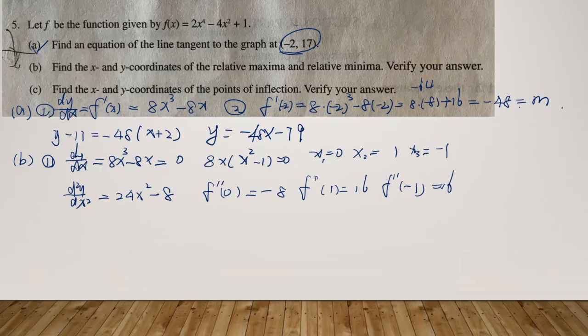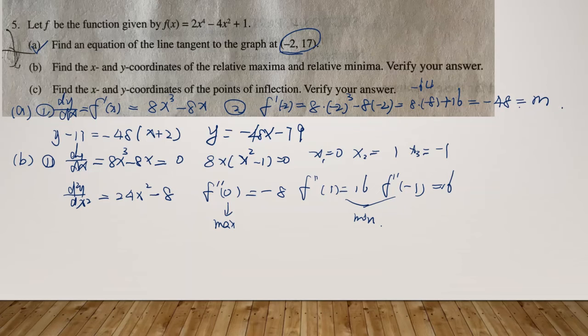So when x equals 0, the second derivative is negative, which means that is a local maximum. When the second derivative is greater than 0, that means it is a local minimum. So these two are local minimums.